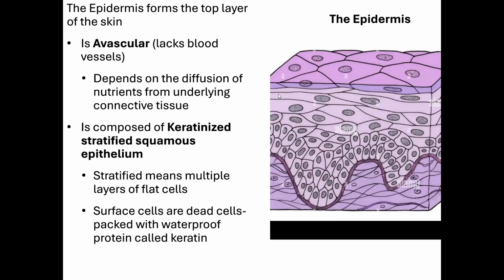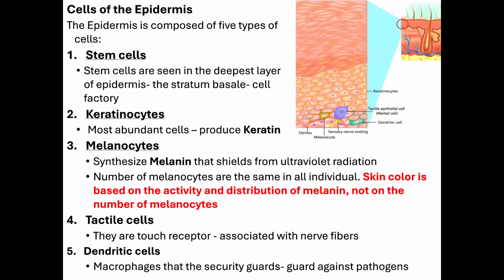Multiple layers of cells, stratified. Squamous is flattened cells. And these cells, which are flattened, are also packed with keratin. That's why it's called keratinized. Does it make sense? Okay. Don't be overwhelmed with the big names.